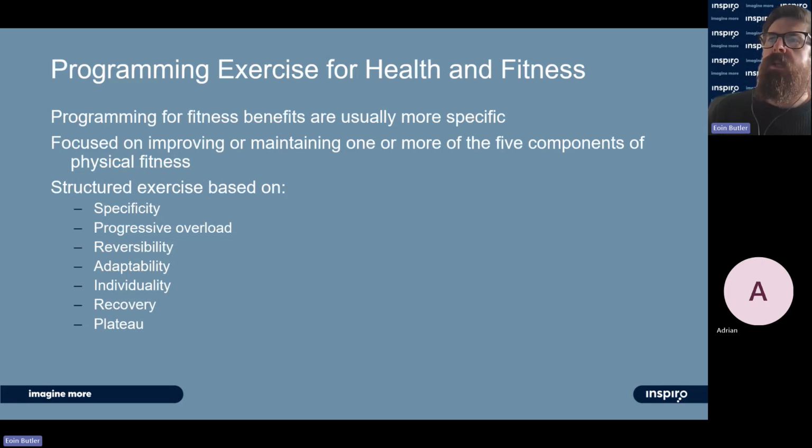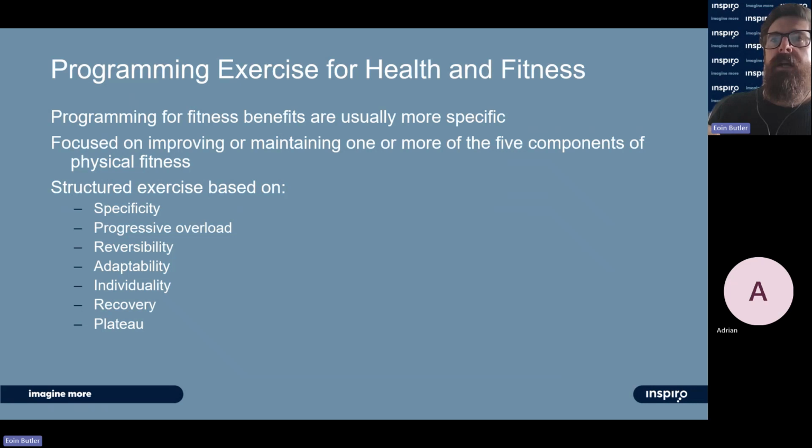So let's have a quick discussion on each of these. Specificity, what do you think we mean when we are structuring our exercise based around specificity? As it says, specifically one particular thing. Yeah. So we're talking specific to the client, specific to the client's goals.